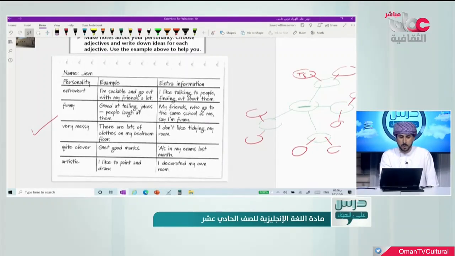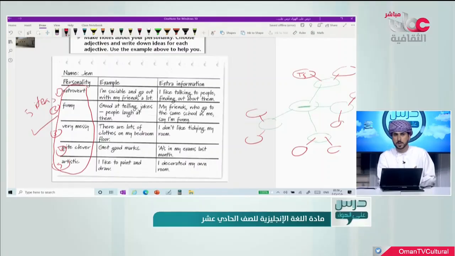Or you can use the table strategy, which I use here because it's very organized. So here in this column, you will write your adjectives, the things that you want to describe about yourself. Notice here, we have 1, 2, 3, 4, 5 adjectives. It means we have 5 ideas.